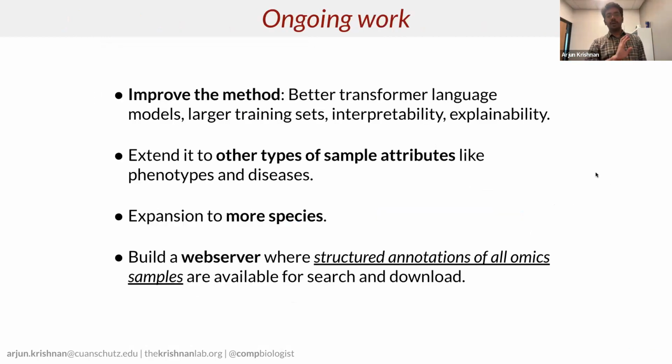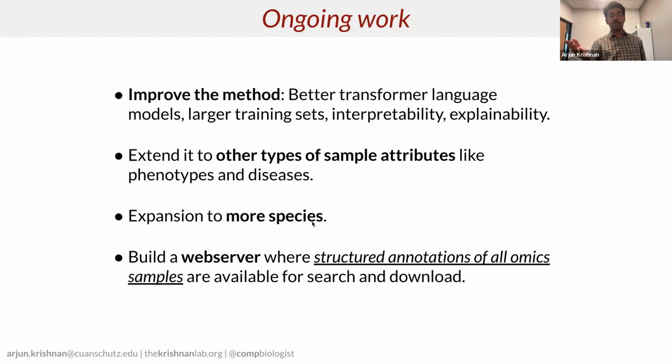All right. We're doing a bunch of other things right now, which means that we are actually taking advantage of really new transformer-based language models, getting larger training sets, and really focusing on interpretability and explainability. Somebody in the Slido cloud basically said interpretability is one of the important things, and we also take this seriously. I talked about tissue classification of sample descriptions. We're also, of course, doing this for phenotype and diseases.